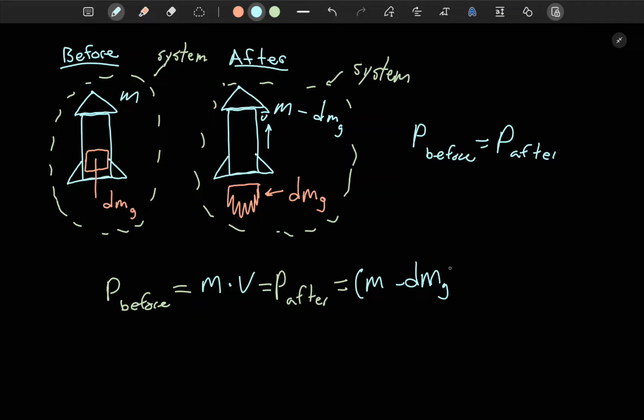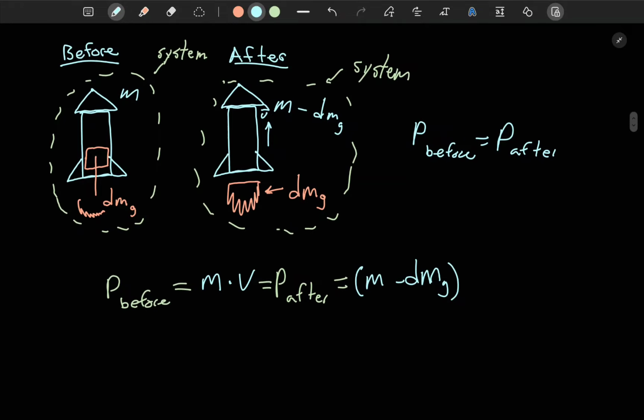So a slight decrease in the mass of the rocket. I'm not saying there's no gas left before, there's still fuel in the rocket, but by the time it gets expelled, dmg is an addition to the gas. So it's important to state that dmg is the mass of the gas.